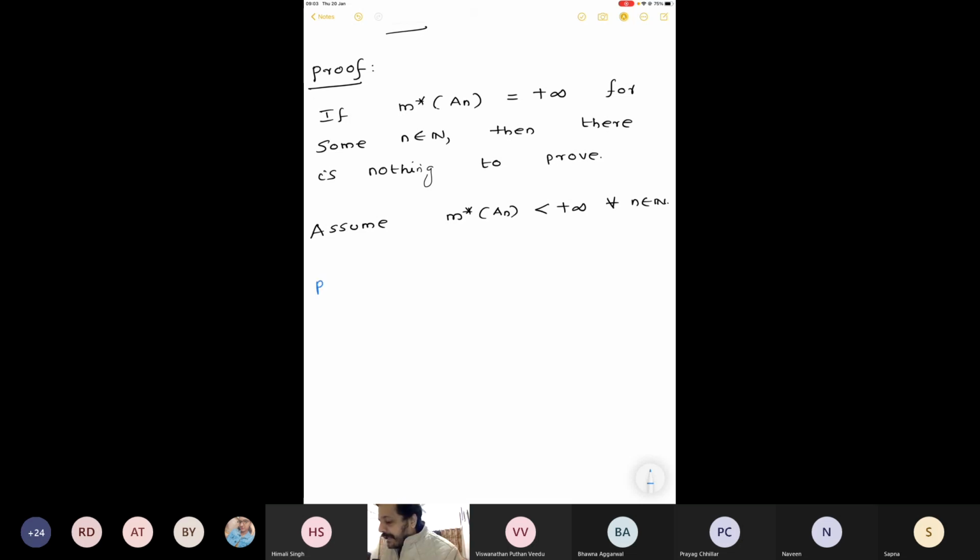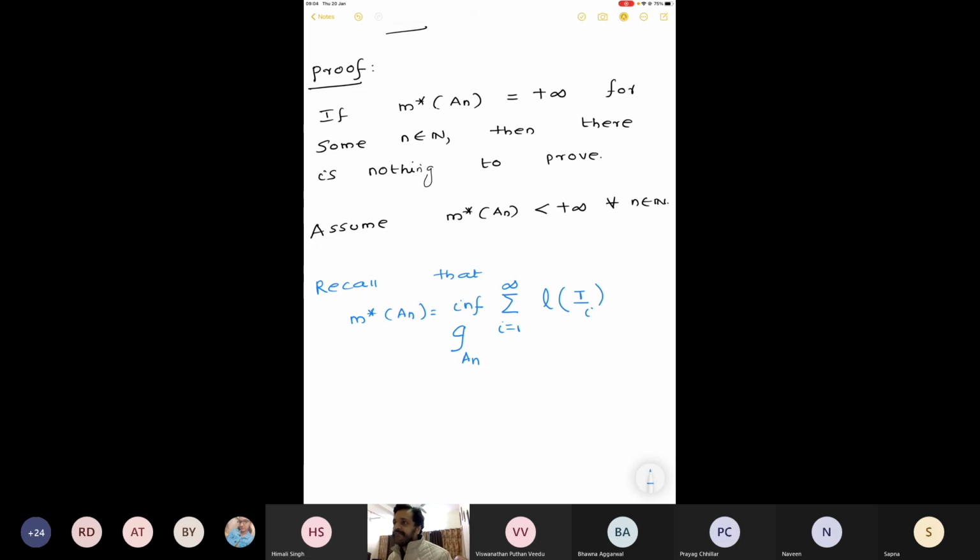Recall that m star of A_n, for fixed n, I am fixing A_n, is equal to the infimum of the summation over i from 1 to infinity of the length of I_i, taken over script I(A_n), the collection of all countable families of open intervals covering A_n. Okay, that is what script I(A_n) is. So this is what I have to do.